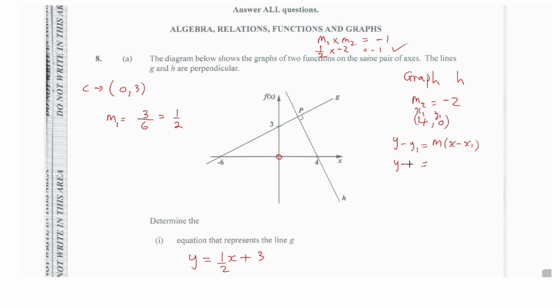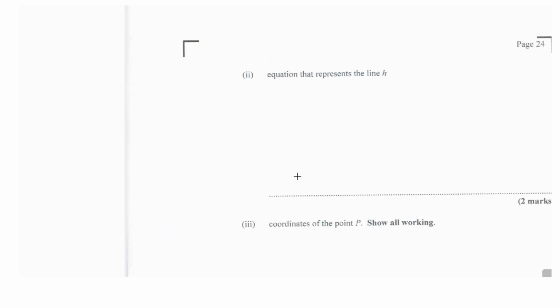So y minus 0 then would equal m, which is minus 2, into x minus x1, which is 4. Upon simplifying, we have y is equal to minus 2x plus 8. Therefore, the equation of graph H is y equals minus 2x plus 8. So let's write that in.